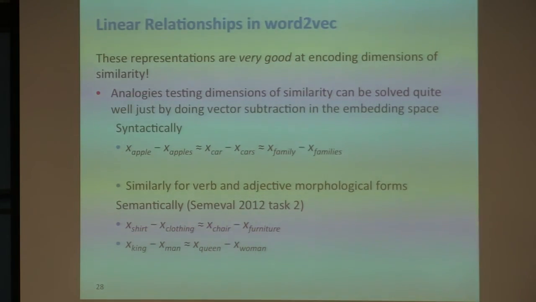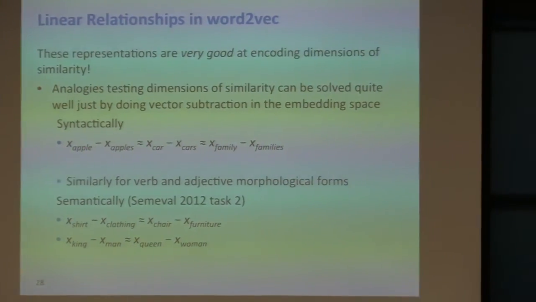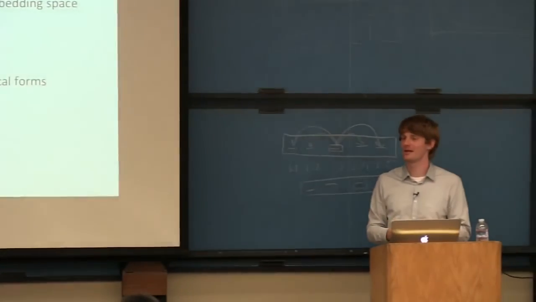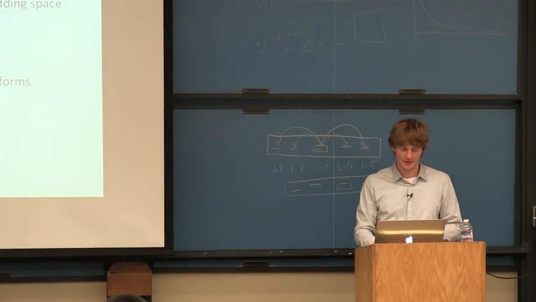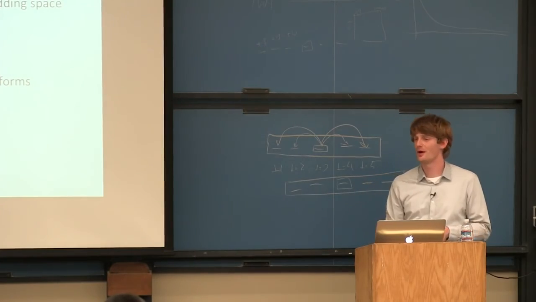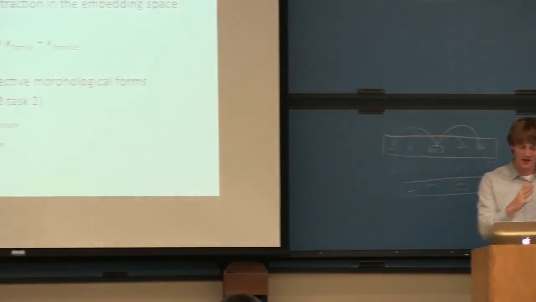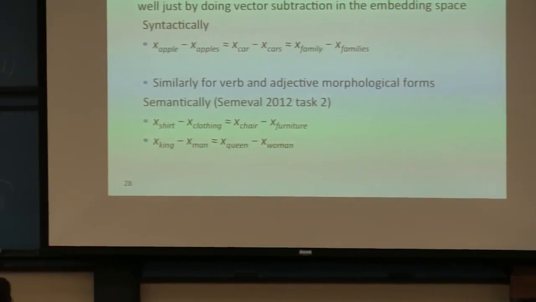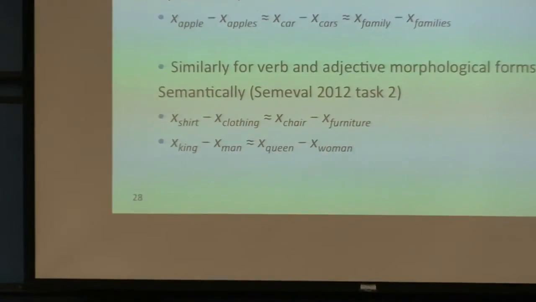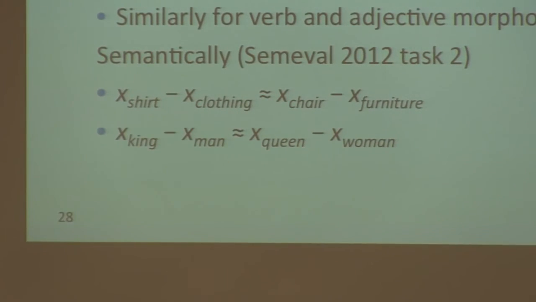So the model basically learned something by itself that we would have otherwise had human experts sit down for a very, very long time and try to manually encode. And this one is a very popular one that made the press also. Subtracting man from king gets a similar vector to subtracting woman from queen.